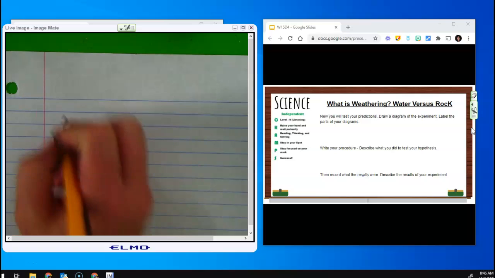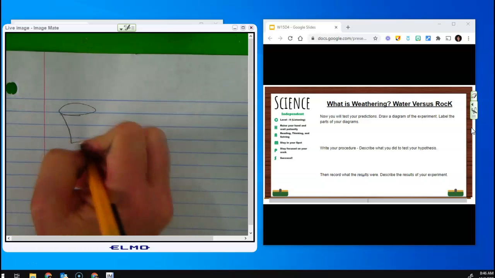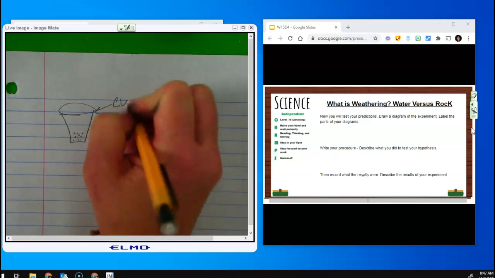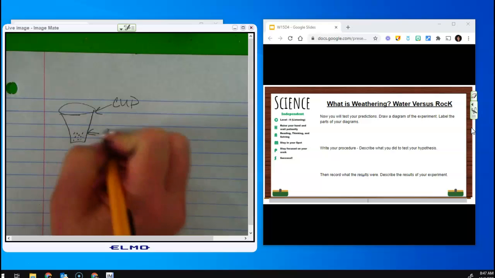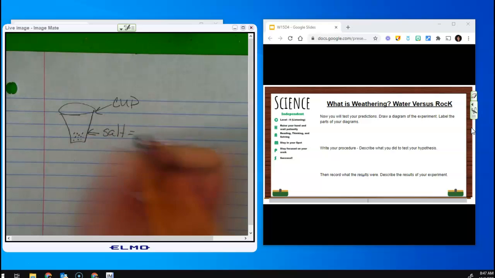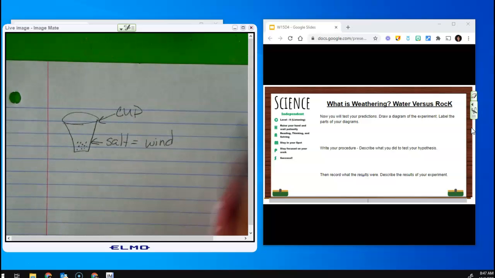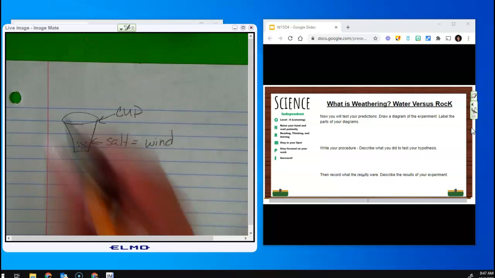All right. Here's my cup. It's got salt in it. So I'm going to say cup, salt equals wind. Are you with me? Didn't take me very long to draw that, did it? Not fancy. It's a sketch.